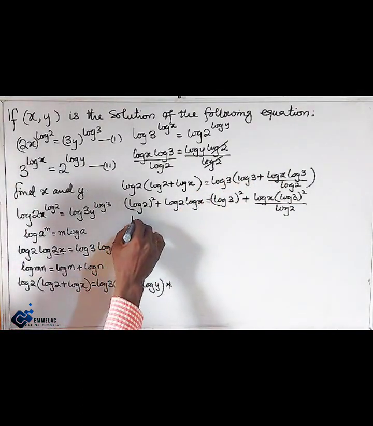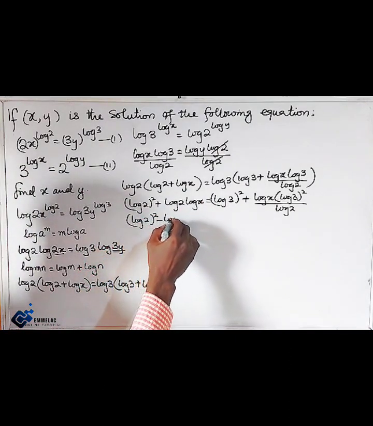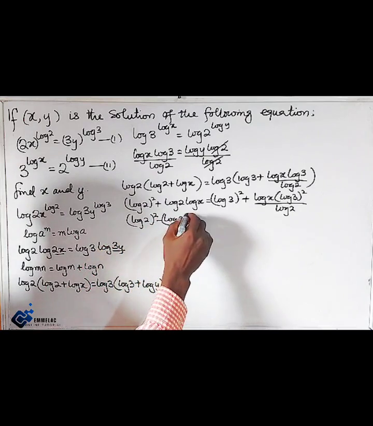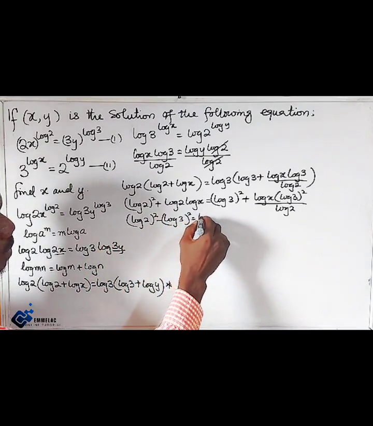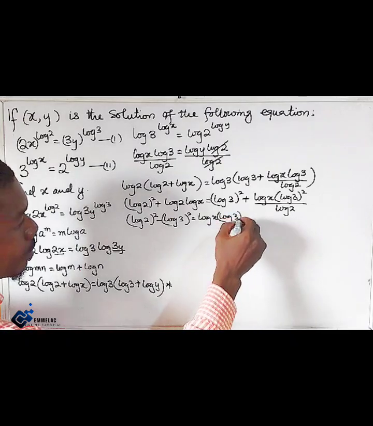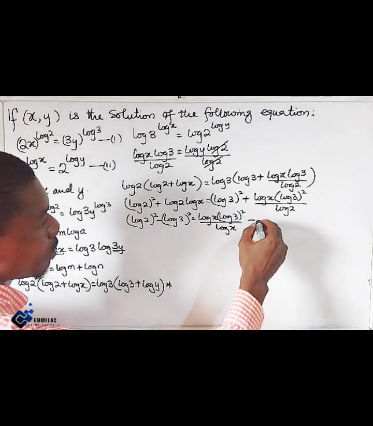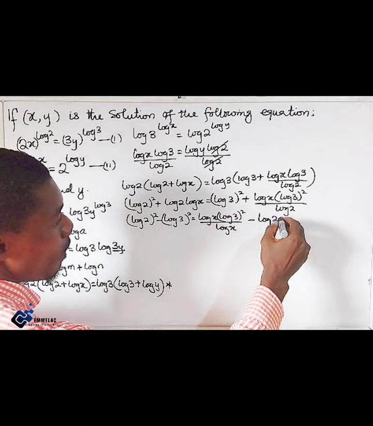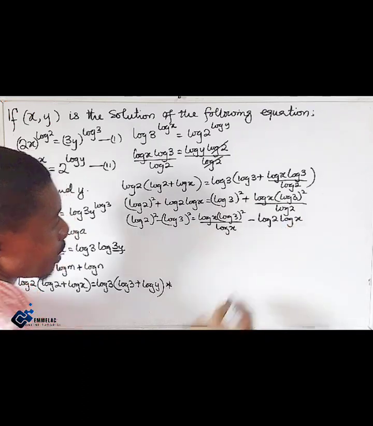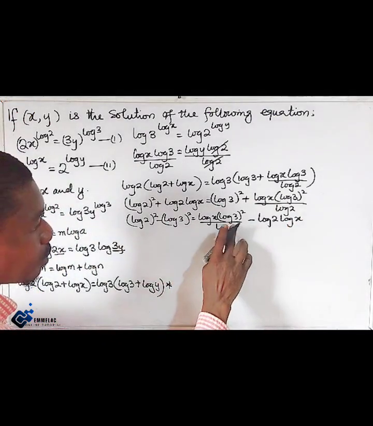Here you have log 2 all to the power of 2 minus log 3 all to the power of 2 equals log x times log 3 all raised to the power of 2 all over log 2, then minus log 2 log x. Sorry, this should be log 2 not log x.